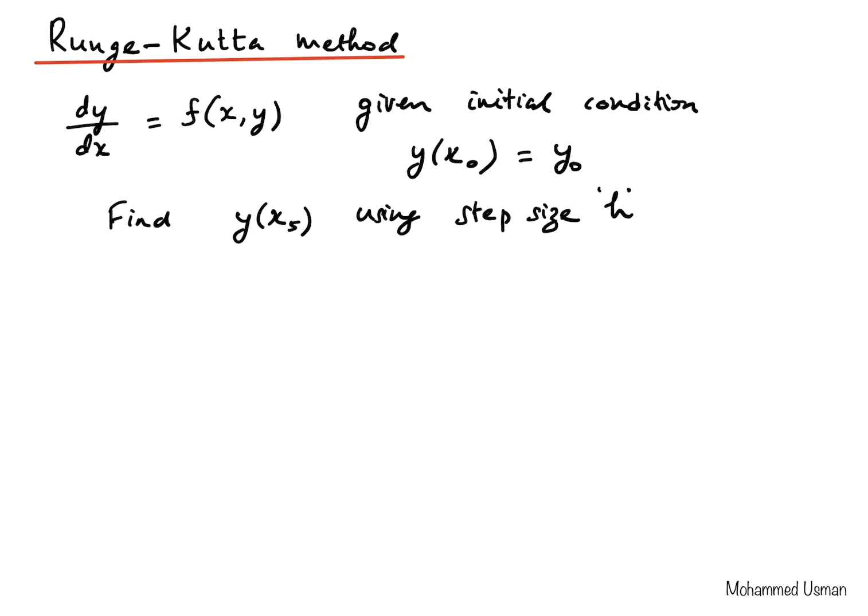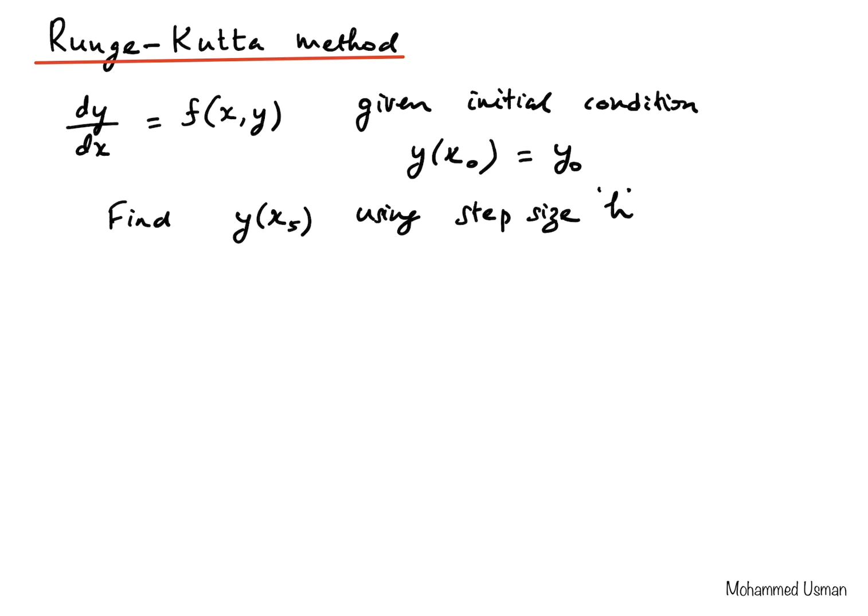So depending on whether the application requires higher accuracy or a faster solution, we need to choose the method appropriately. Okay, so let's do an example for the Runge-Kutta method, and we'll try to get the answer and compare it with the other solutions that we have computed previously.